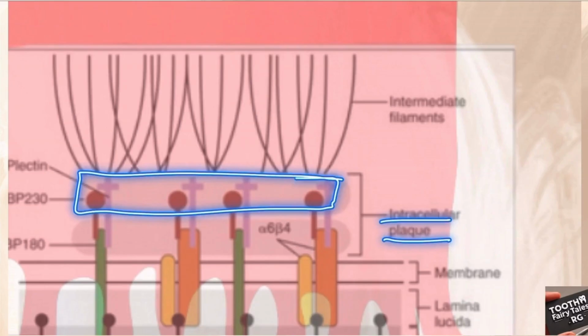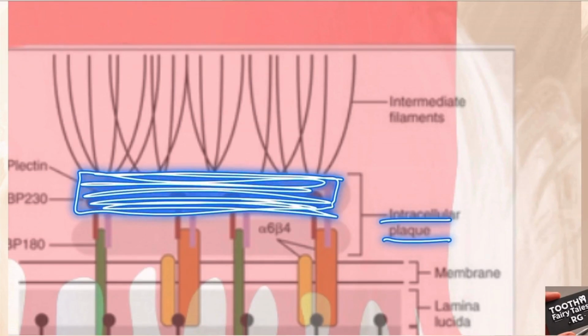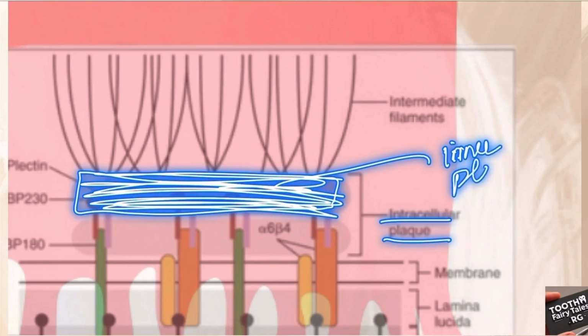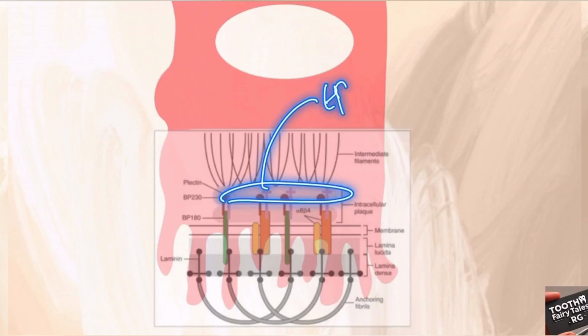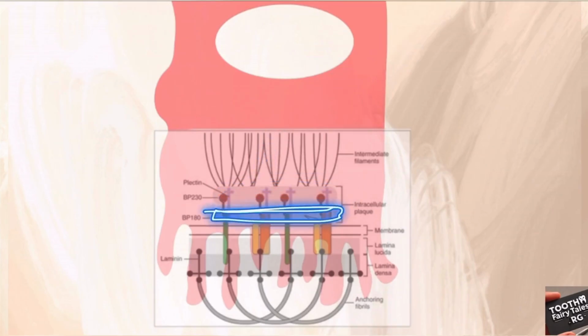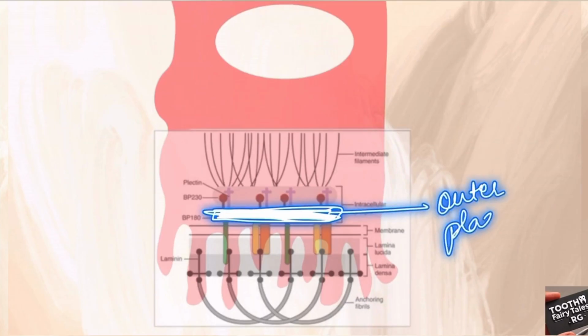The first component is this shaded portion, which is called the inner plaque. This inner plaque is present towards the epithelial cell. And there is another portion that is present below the inner plaque. This shaded portion is known as the outer plaque. This outer plaque is present towards the basal lamina.